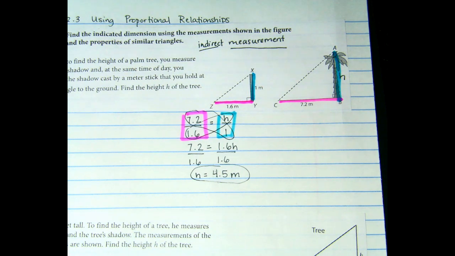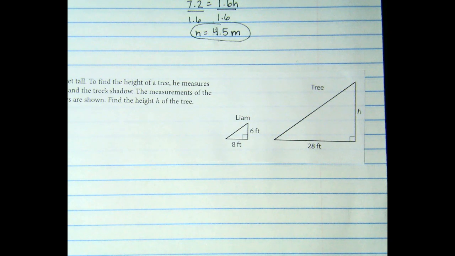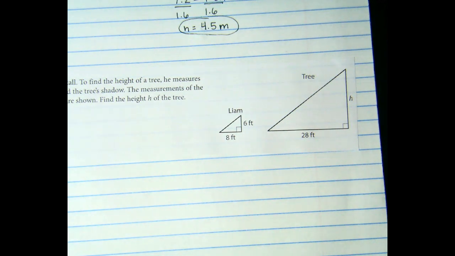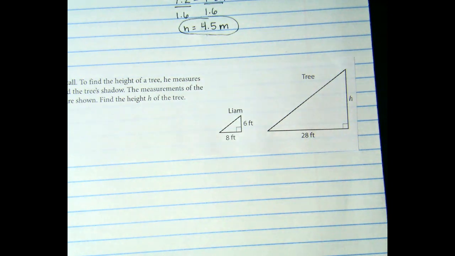Number 3 is similar. Similar triangles. Alright, try number 3. We've got that 6-foot man again that some of y'all don't like. So 6-foot Liam here. We need to find the height of the tree. We've got Liam's shadow. We've got the shadow of the tree. What did you guys do?